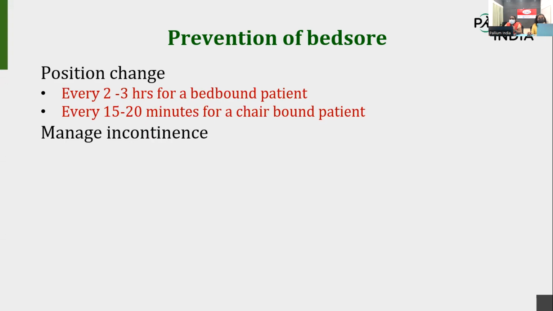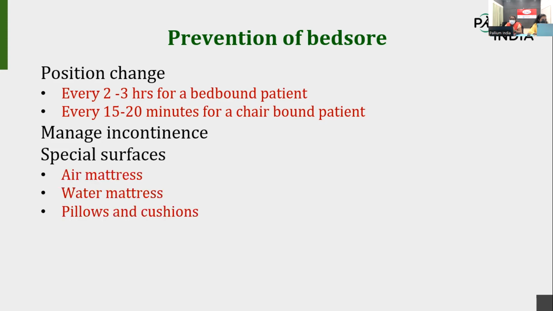The second thing is to manage incontinence. Moisture is one of the major causes here. If the patient has incontinence of urine, you can put a Foley catheter if the patient is willing.